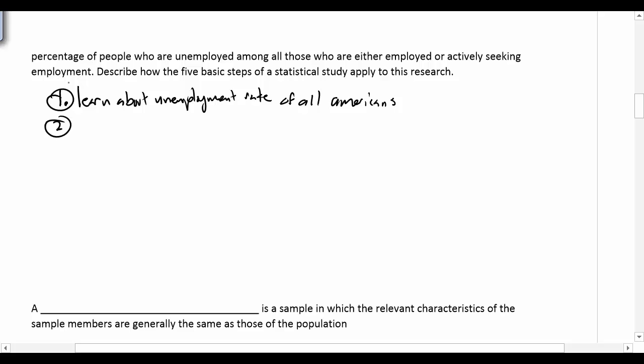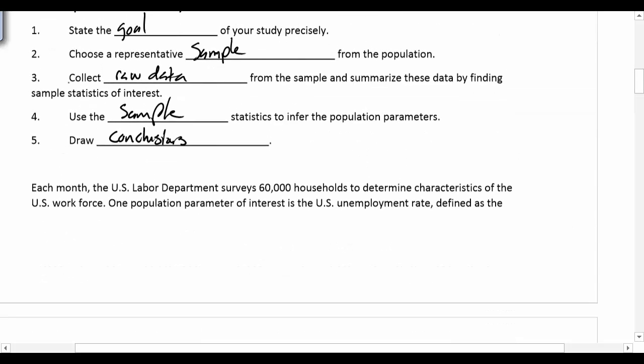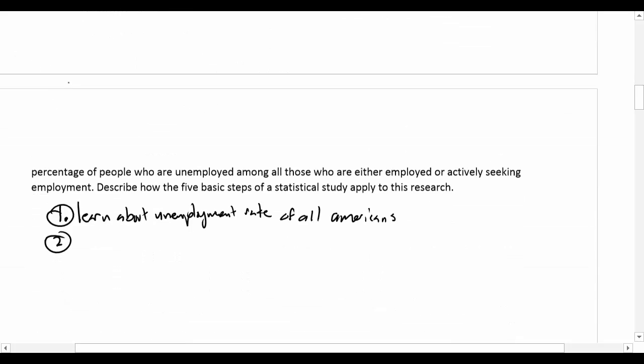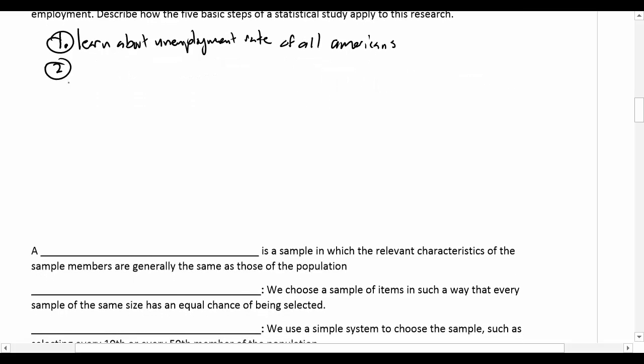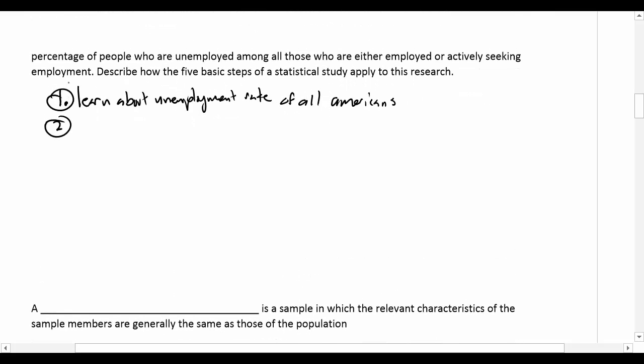Number 2, choose a representative sample. So the sample that we are analyzing is people employed or seeking employment in 60,000 households.